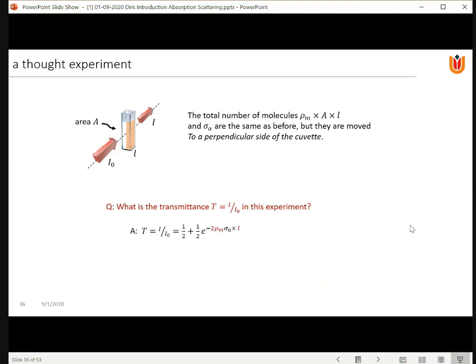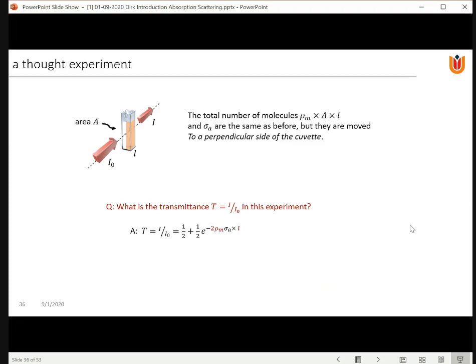I can better show the expression now. So we have I over I0 is a factor half. The first half is for the left-hand part of the beam, which passes without any interaction, and the second term is for the part that interacts. That's also a factor of half, of course.